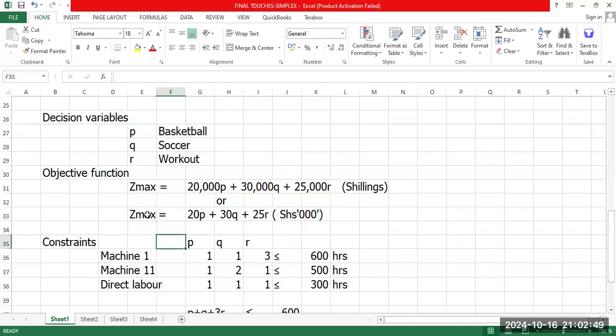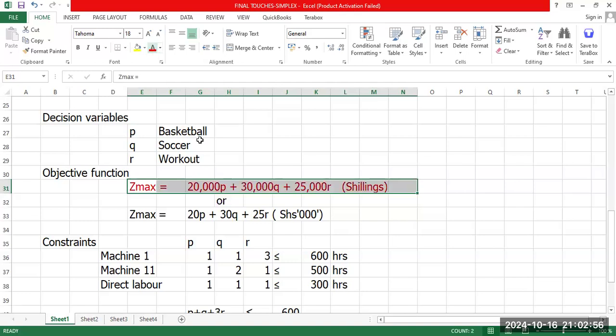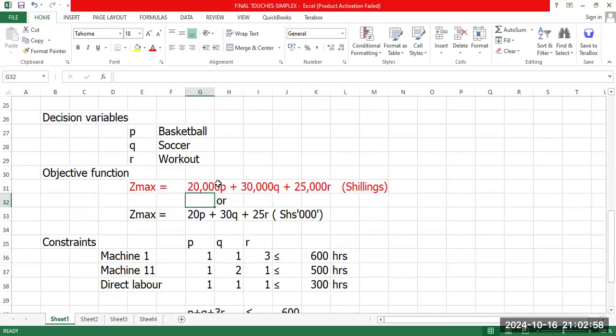Just that here you see what we are stating. Understand what we are stating is that, like this one, the moment you produce P, the pair of basketball shoe, you as a company are going to earn how much? 20,000.